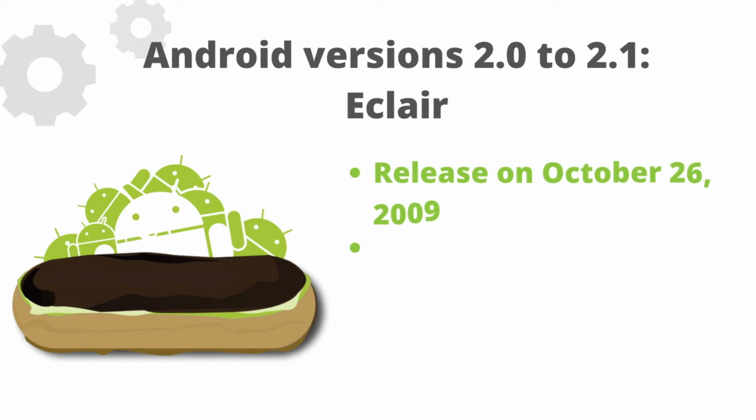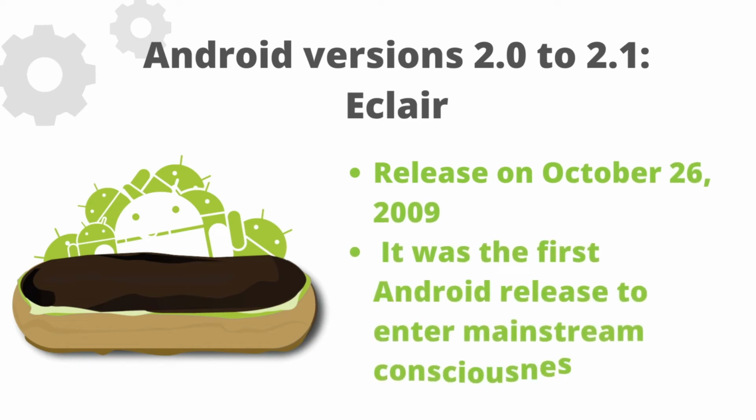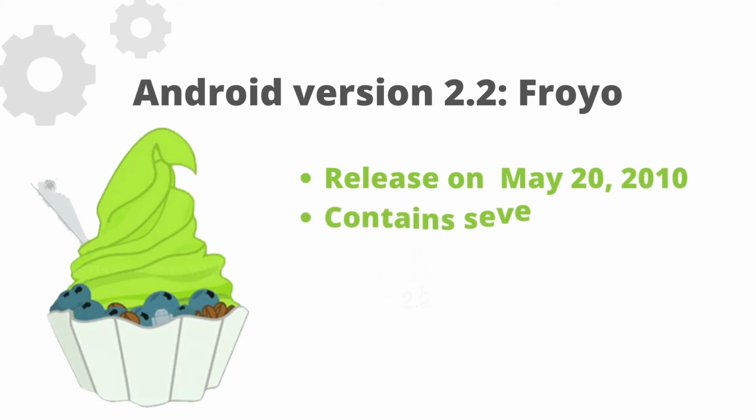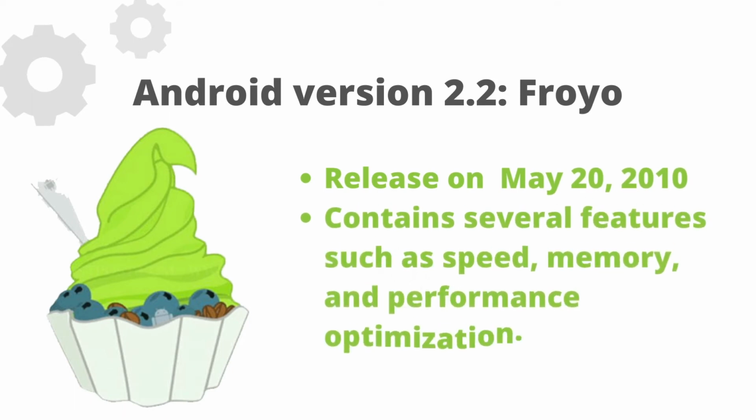Keeping up the breakneck release pace of Android's early years, Android 2.0 Eclair emerged just 6 weeks after Donut. Eclair was released on October 26, 2009. It was the first Android release to enter mainstream consciousness. Just 4 months after Android 2.1 arrived, Google served up Android 2.2, Froyo, on May 20, 2010.